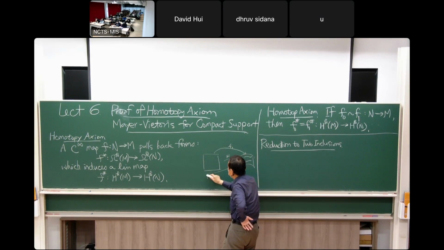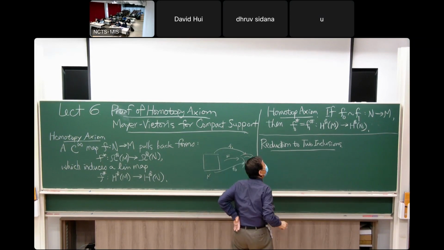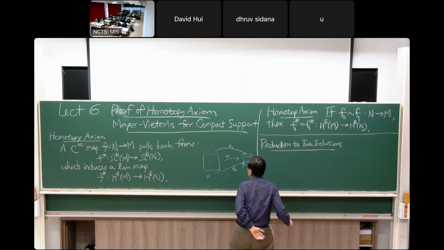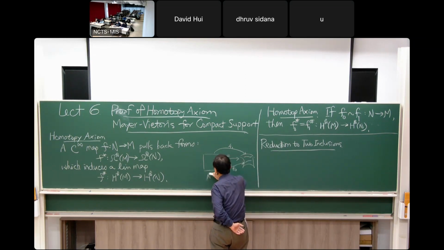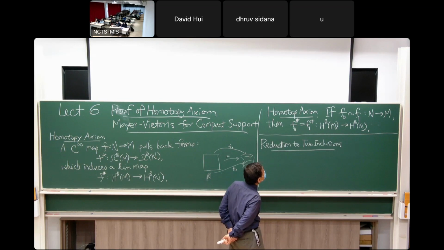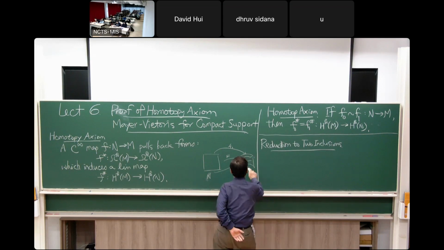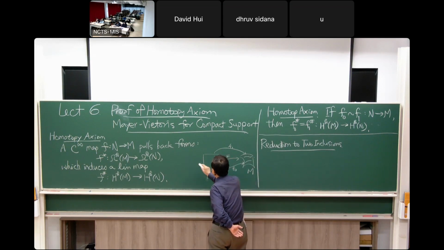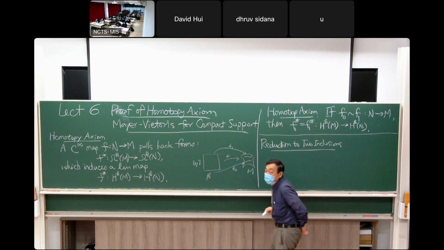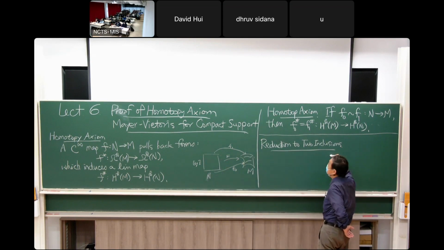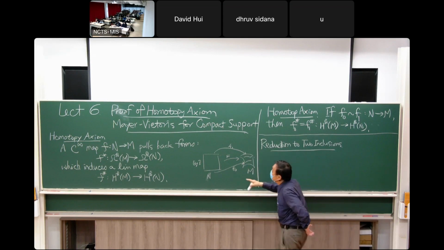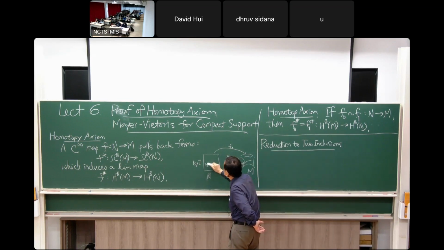And this is N, and this is N, and this is the interval [0, 1]. So here it's N cross [0, 1].